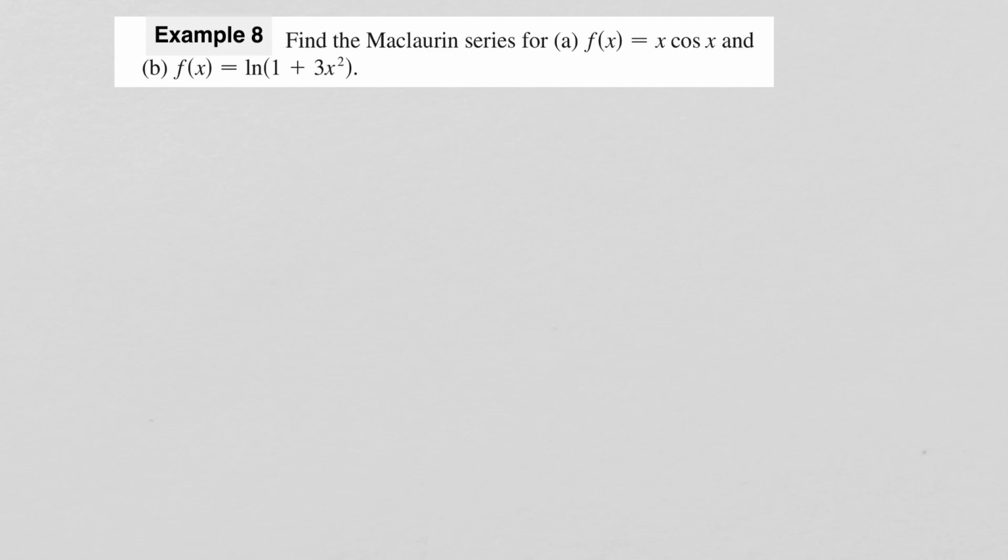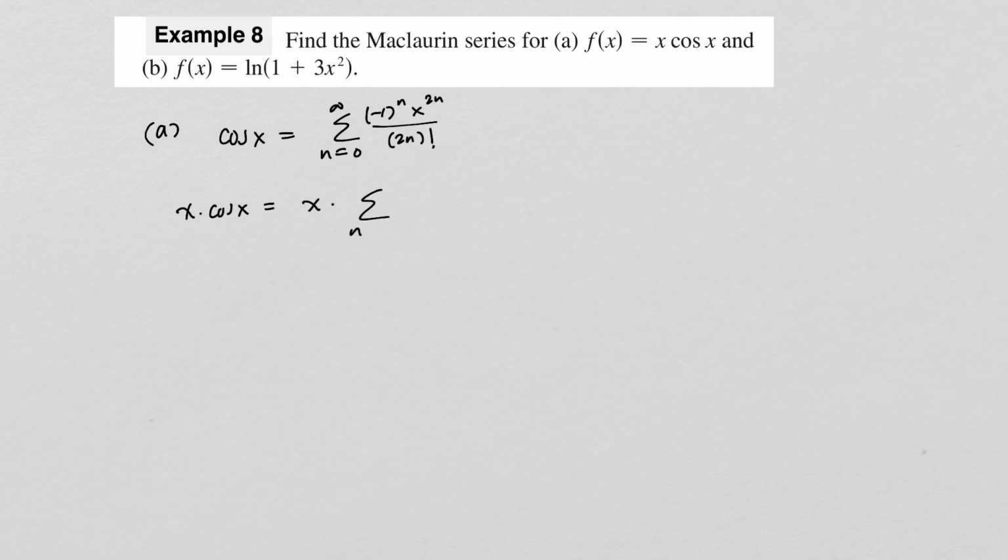In our next example, we are going to find Maclaurin series by using Maclaurin series that we know. So in part A, we are asked to find the Maclaurin series for x times the cosine of x. So let's remember that the cosine of x has a Maclaurin series summation negative 1 to the n, x to the 2n divided by 2n factorial. And so x times cosine of x is just going to be x times this series.